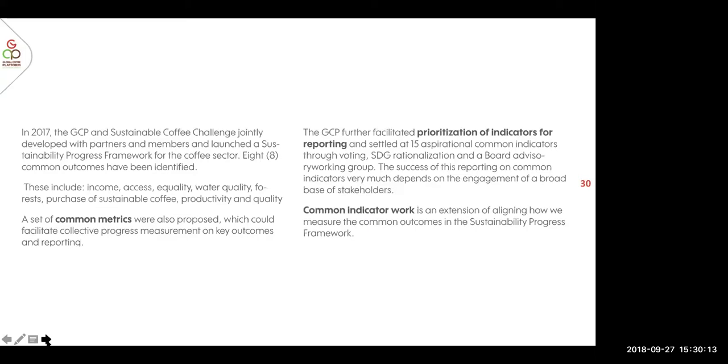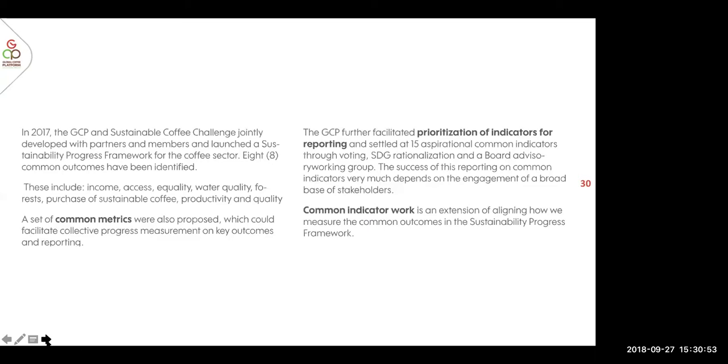One of the other products that came out of that process was 8 key outcomes that we identified that would tell whether we are making progress in our sustainability or not. These included income, access to resources, equality, water quality, forests, sustainable purchases, productivity, and quality. So the part of common metrics is looking at how, from those proposed outcomes, we measure the progress on those outcomes.